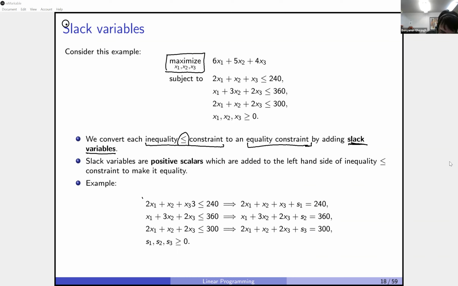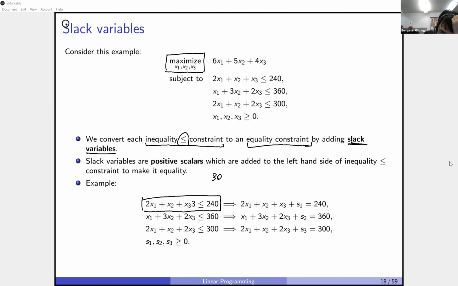For example, consider this inequality. Do you agree with me that the left-hand side should be less than or equal to the right-hand side? Therefore, if I add a non-negative variable, it can be 0 because we might have equality. So a non-negative variable called a slack variable, then I can replace this inequality by equality, because whatever difference this has from this right-hand side, I can put it as S1.